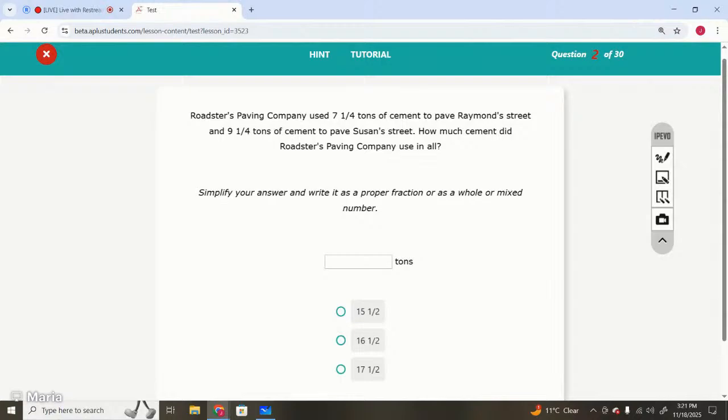Roadsters Paving Company used 7 whole 1 by 4 tons of cement to pave Raymond Street and 9 whole 1 by 4 tons of cement to pave Susan's Street.